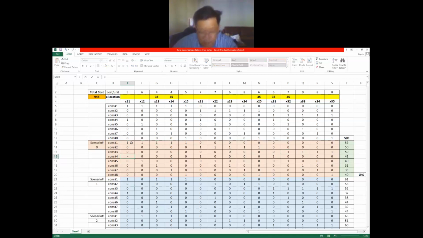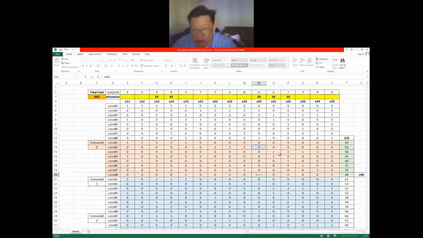This one is equal to the first one, this one equal to the second one, this one equal to the third, this one equal to the fourth, and this one equal to the fifth. Also for this one, we refer over here, equal to here, and so on.